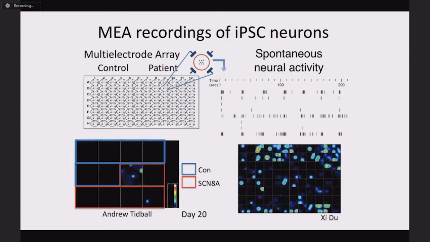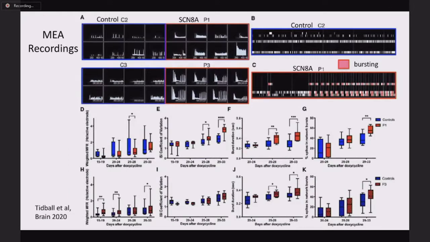So we studied SCN8A, and when we get the neurons to mature, we see increased activity, and on the left top and bottom are from two controls, and the right top and bottom are patient-derived neurons from two patients with SCN8A developmental and epileptic encephalopathy.